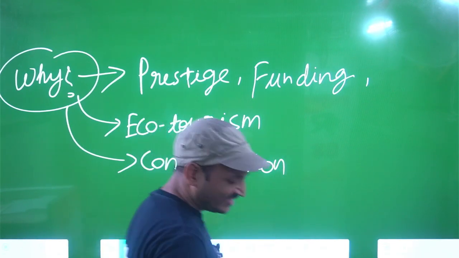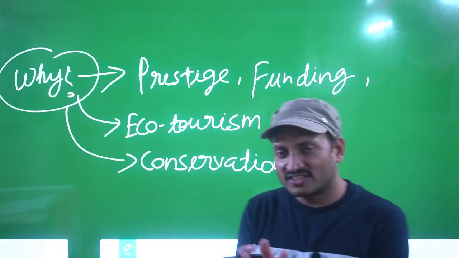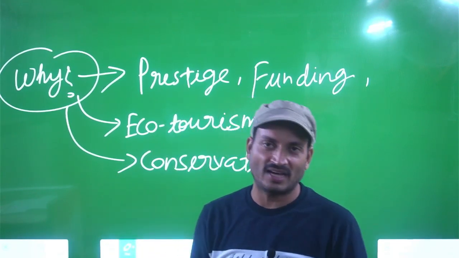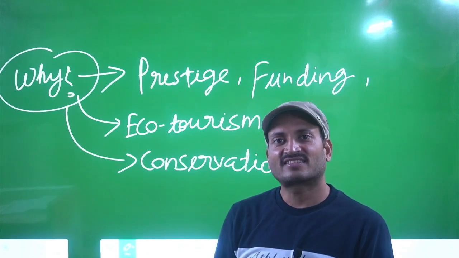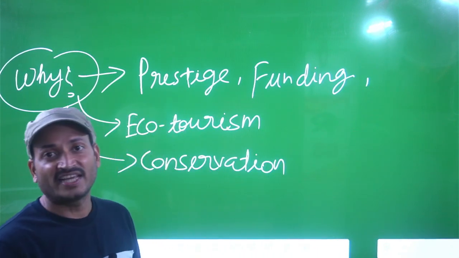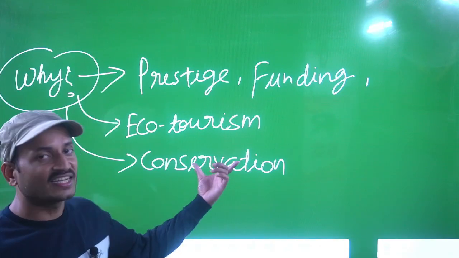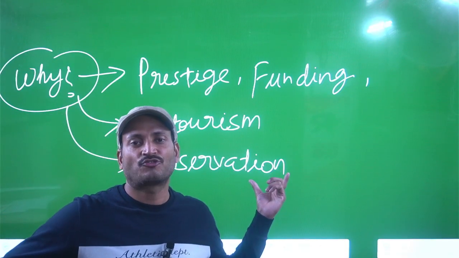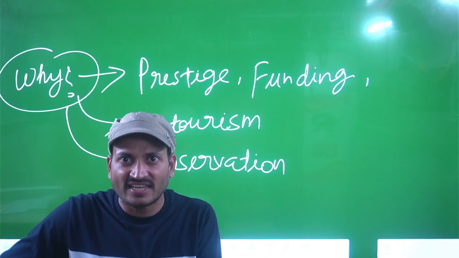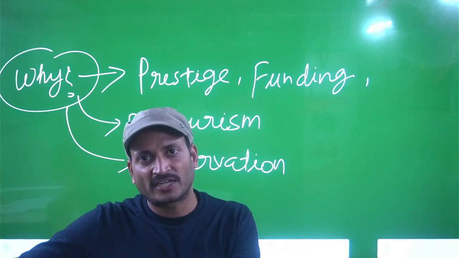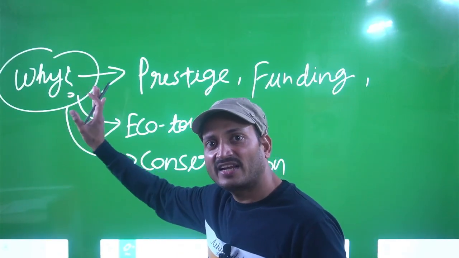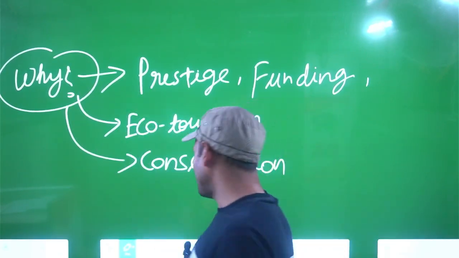Because biodiversity is important not only at the international level, we have also counted the local benefits of the wetlands. So countries also want to conserve their wetlands, and when a wetland is recognized as a Ramsar site, it enhances the conservation efforts of a country with respect to wetlands.